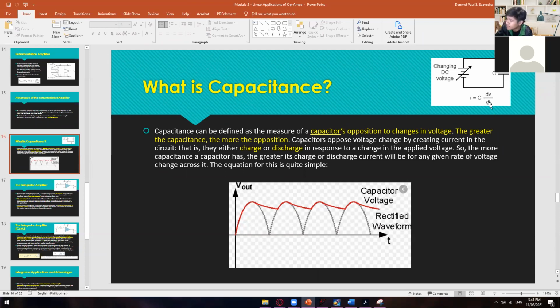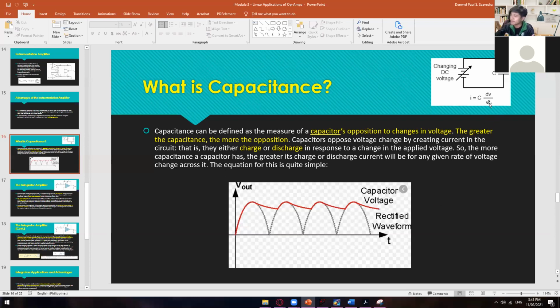Time matters here because of how long the input will rise and how long it will fall. For example, let's assume this one runs for 5 milliseconds. At half of it, it reaches the peak voltage at 2.5 milliseconds, and from 2.6 milliseconds up to 5 milliseconds is the falling part of your input.